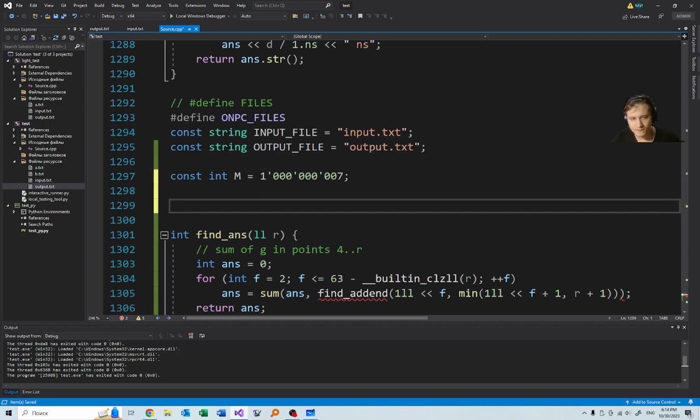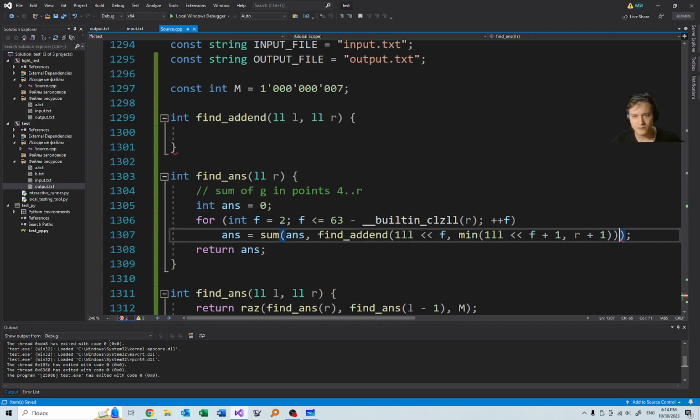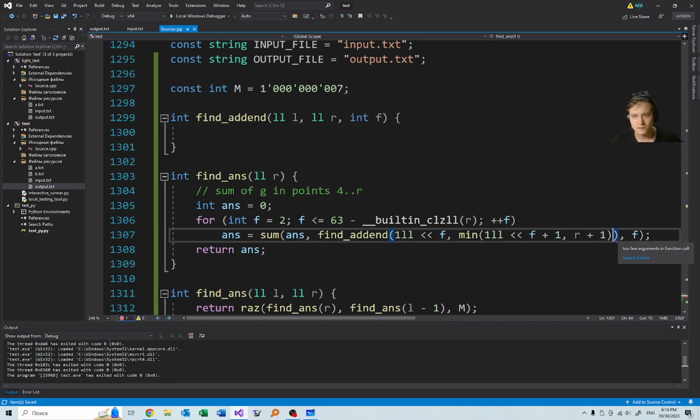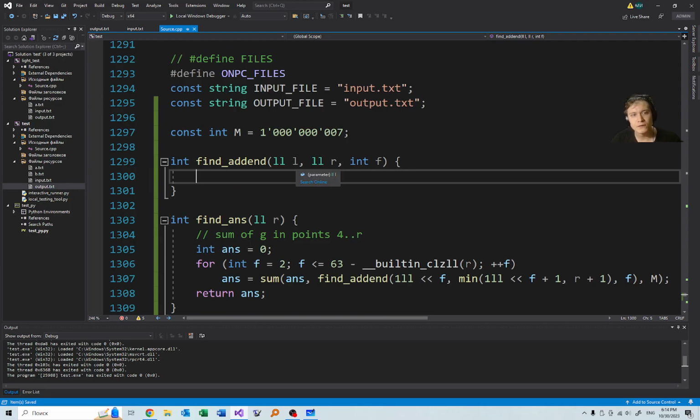Now we need to find addend. And also I want f. So now we have the following problem.